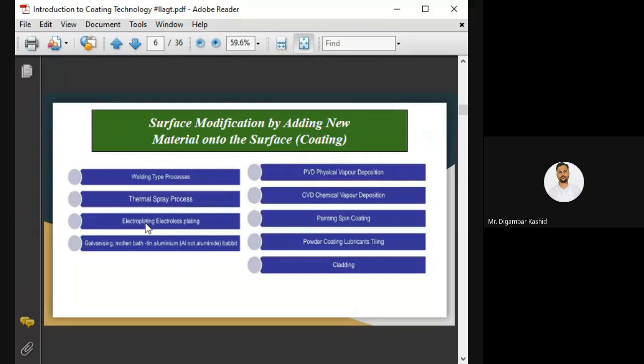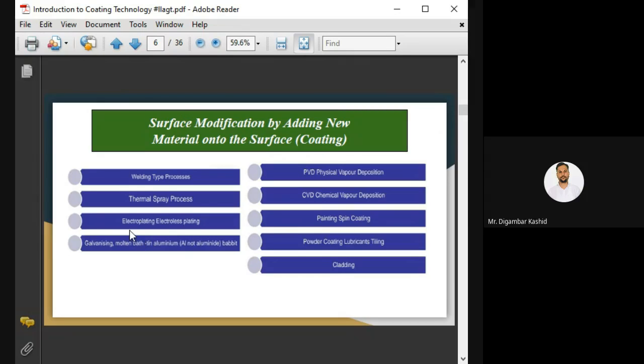Then electroplating and electroless plating, whose meaning you may know from metallurgy or the manufacturing technology subject. Those are also techniques for surface modification. Then, as we are familiar with this process, galvanizing, which means a molten bath, for example of aluminum. Those processes are also involved in surface modification.